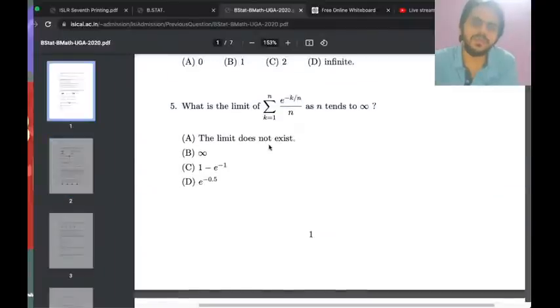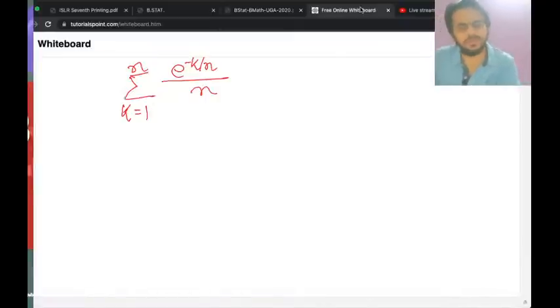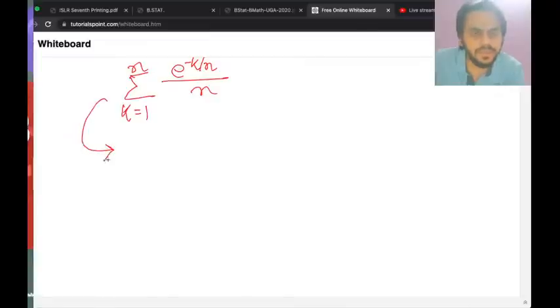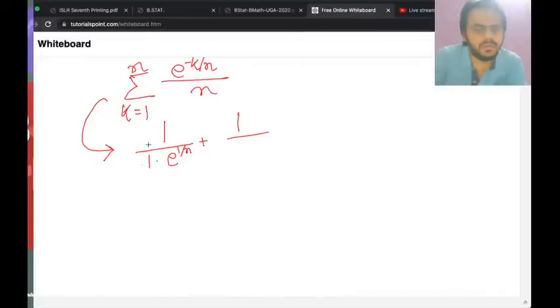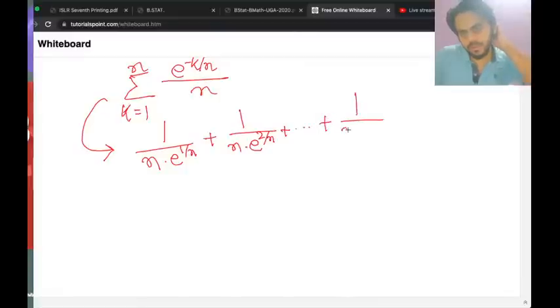If I look at this in a different way, it's 1 by n into e to the power minus 1 by n, and so on till 1 by n e to the power minus n by n. Let me take n common from here.